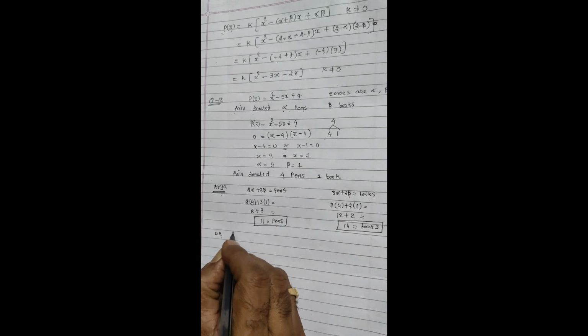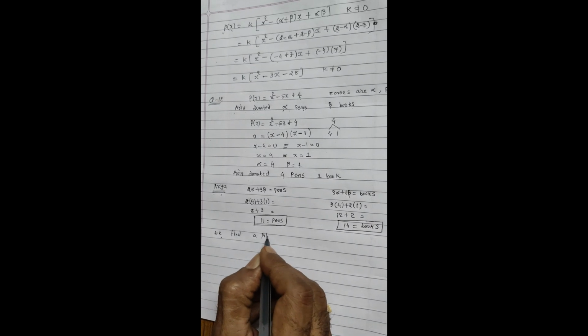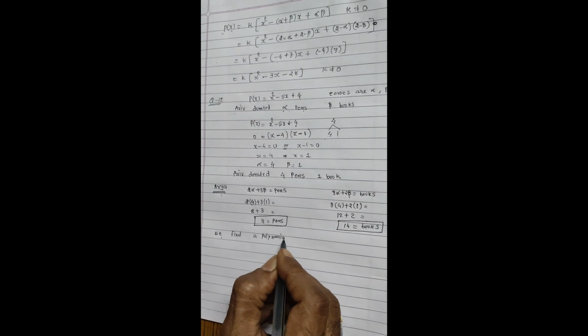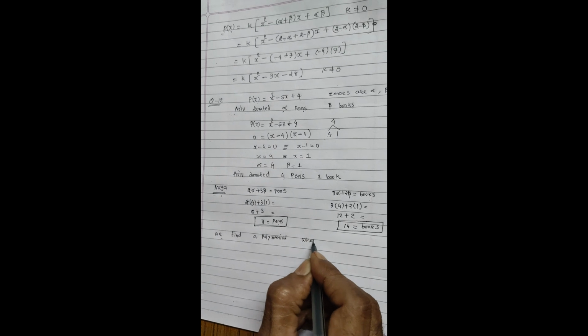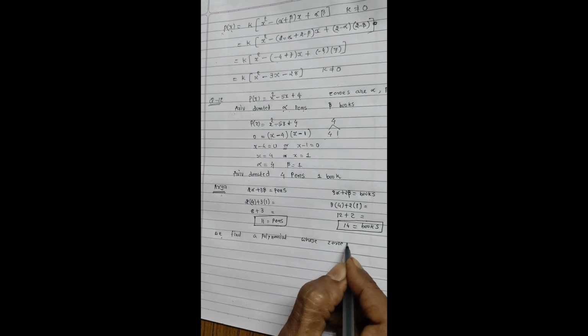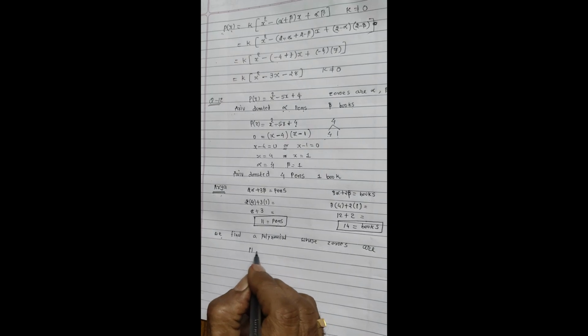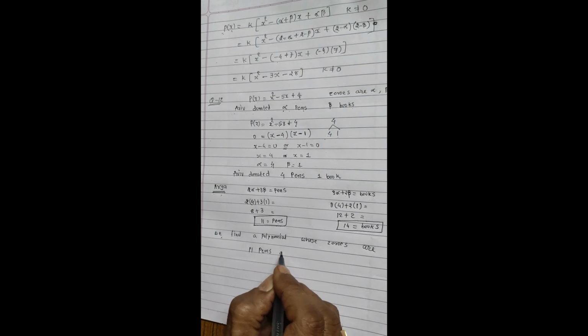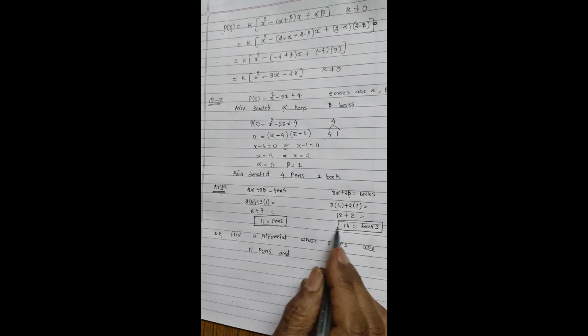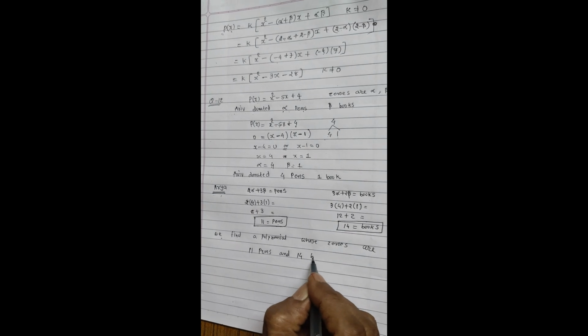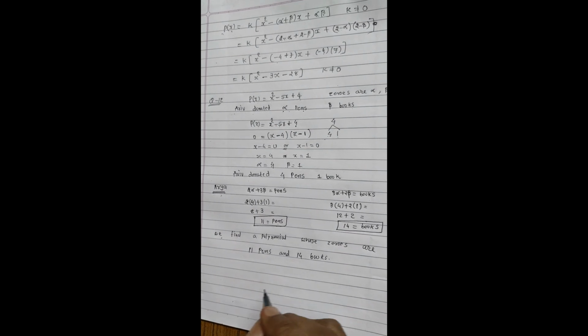So we find a polynomial whose zeros are the number of pens, 11, and the number of books, 14. So these are the two zeros whose polynomial I want to find.